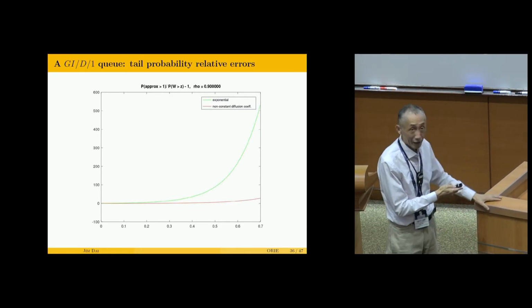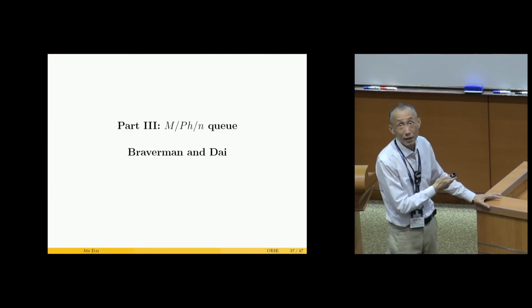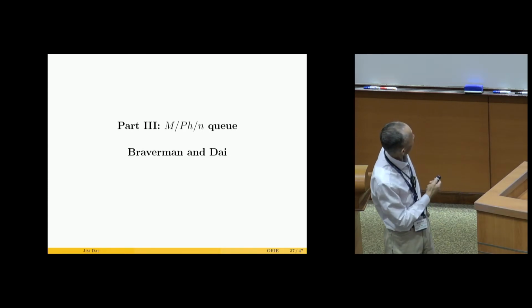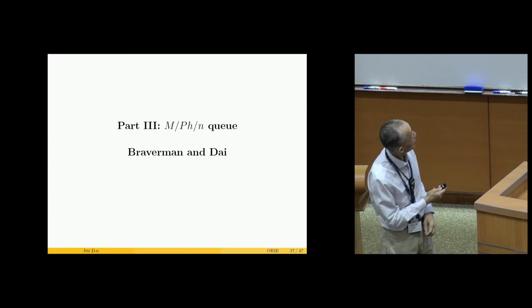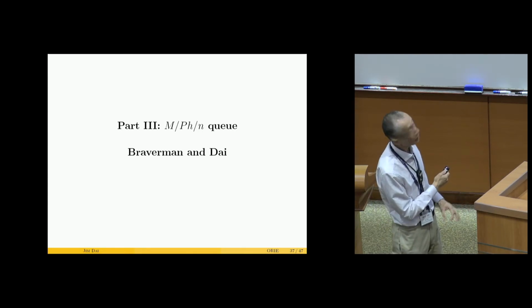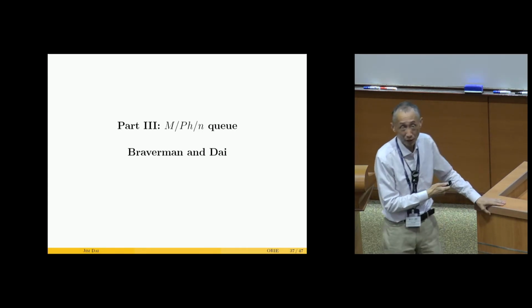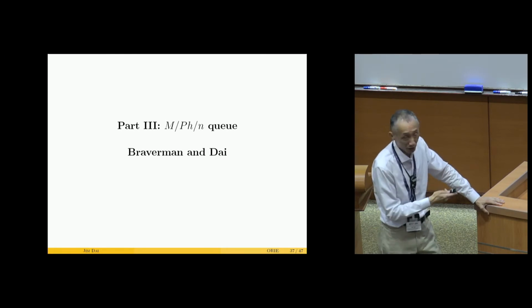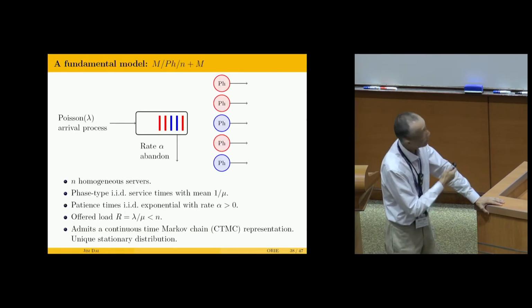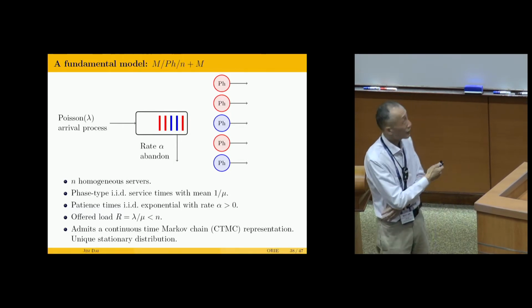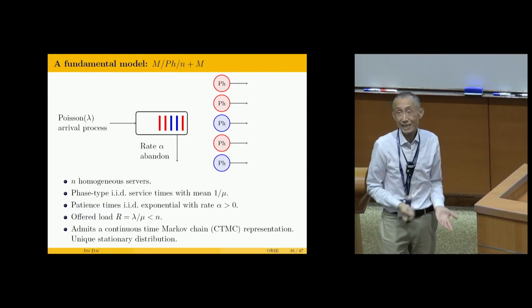So that's that. The last one I'm going to mention is this model, because it's the earliest one, the model that we focused on, M/PH/N. This is the same as before, except the service time now has a so-called phase-type distribution.